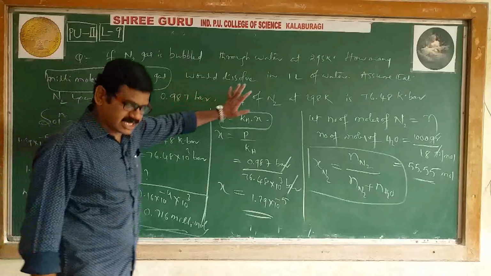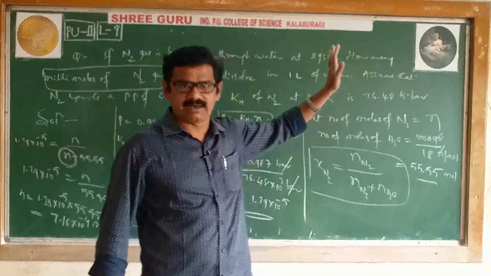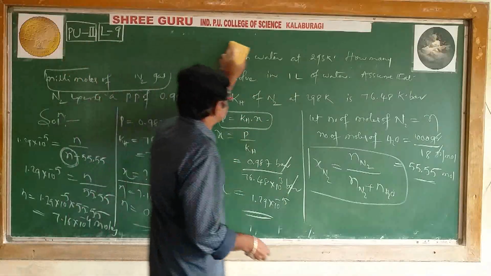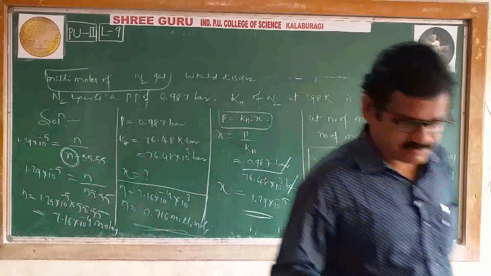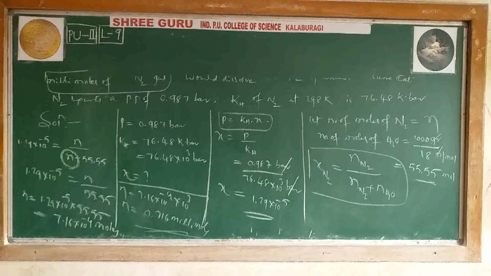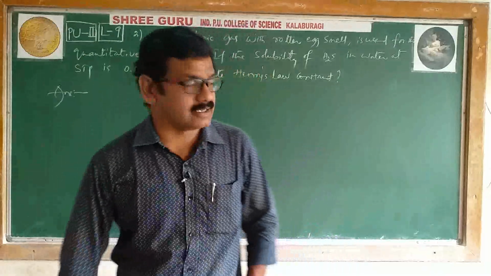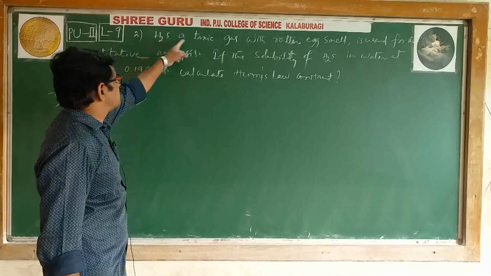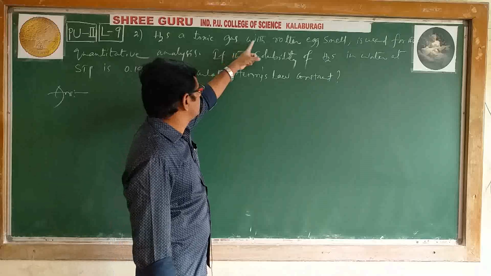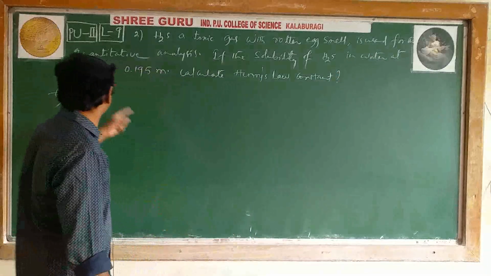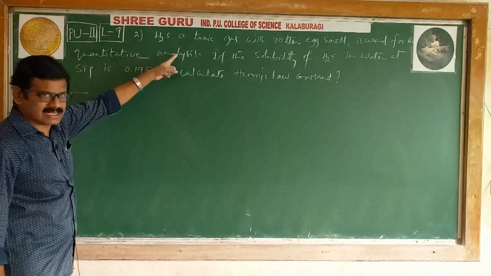This is a question as well as its solution. This question is based on Henry's law. We'll see the next question now. The next question is like this. H2S is a toxic gas with a rotten egg smell, used for quantitative analysis.